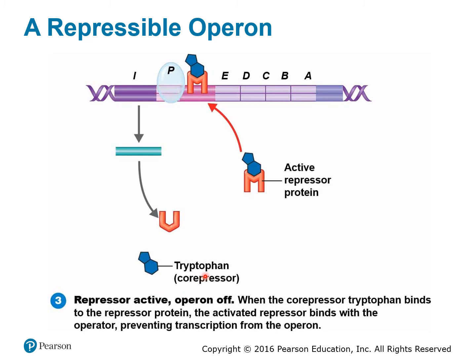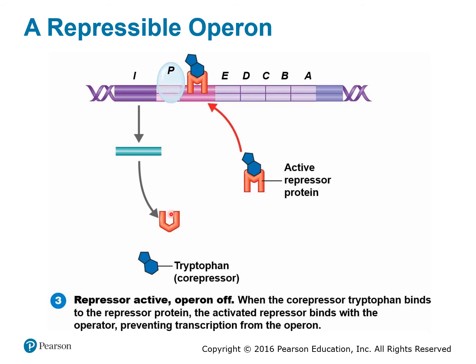And so the high amount of tryptophan actually ends up acting as a co-repressor. When the amount of tryptophan increases, the tryptophan is actually going to bind to the inactive protein that's being made by transcribing and translating the regulatory gene.